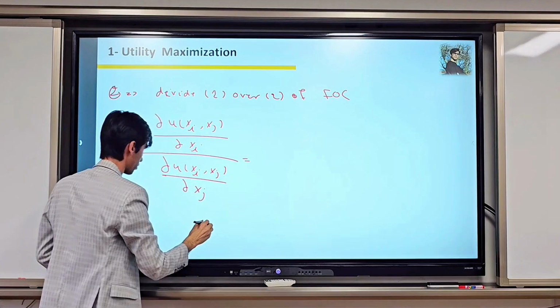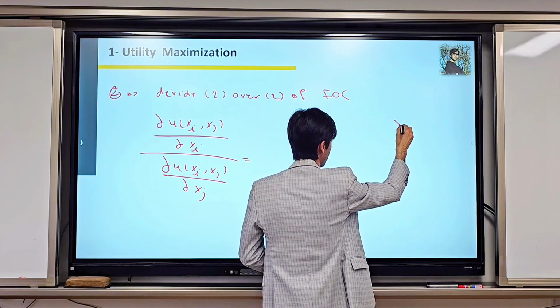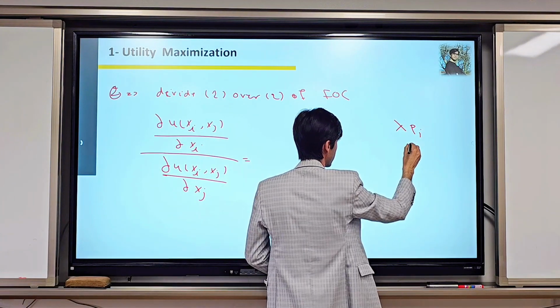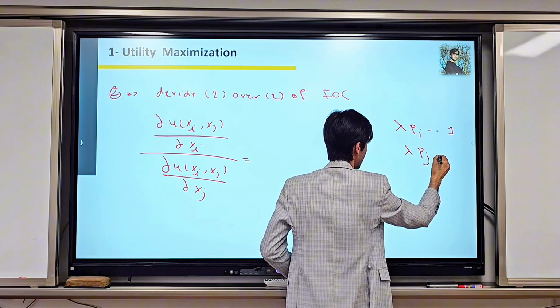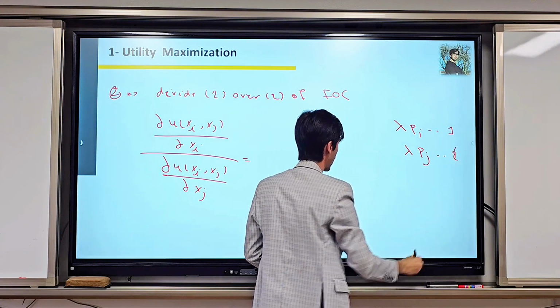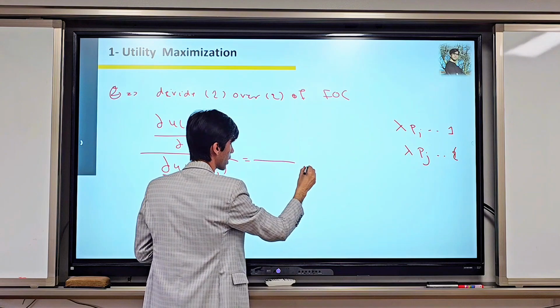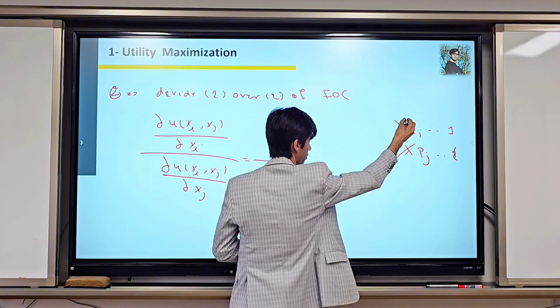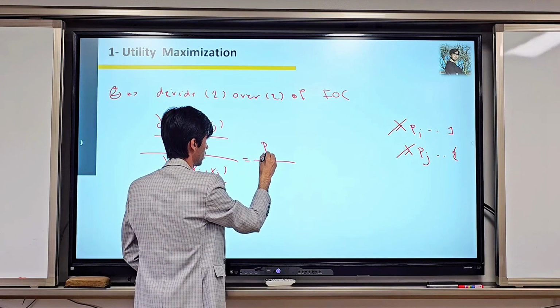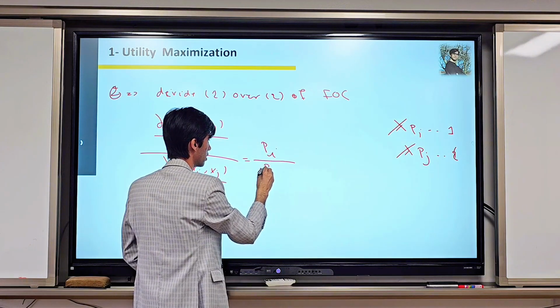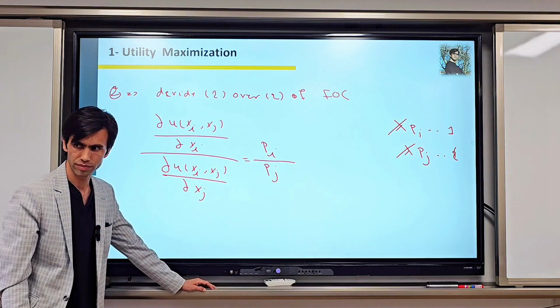And in the other way, we have this one for 1 and this one for 2. If we divide, this lambda multiplier with the lambda multiplier will cancel out. Only this one will remain, pi over pj.